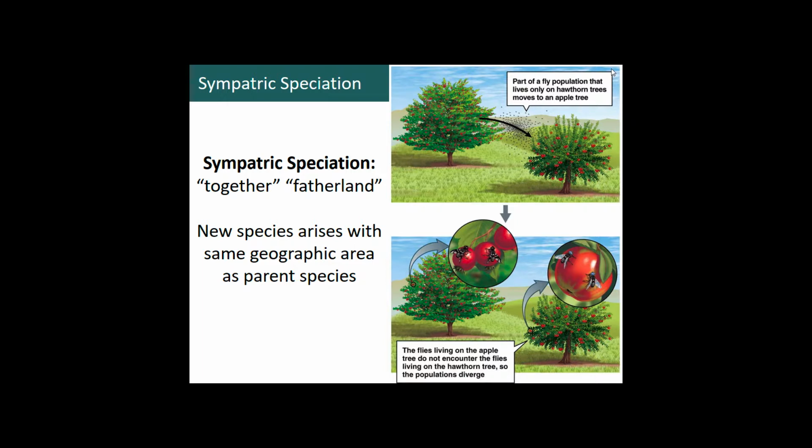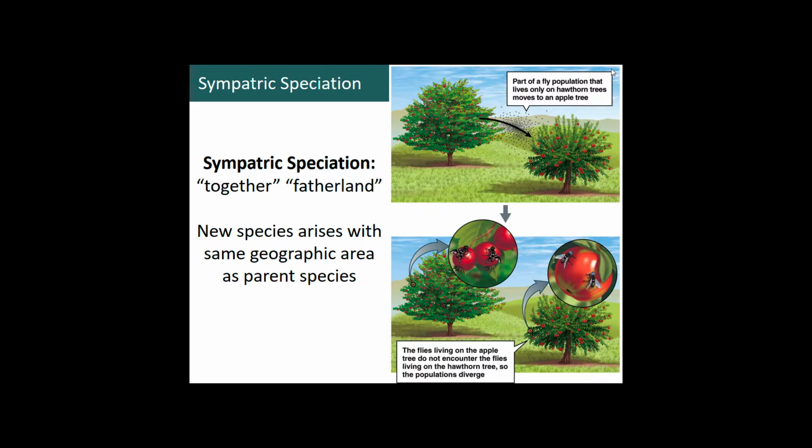Right? And so then, pretty relatively quickly, evolutionarily, the individuals who are mating on the apples aren't even interacting with the individuals mating on the hawthorns anymore. And so now we have reproductive separation because of host plant preference, preference for the mates that are in the same place that you're in. Right?